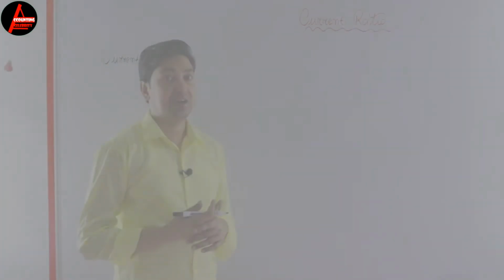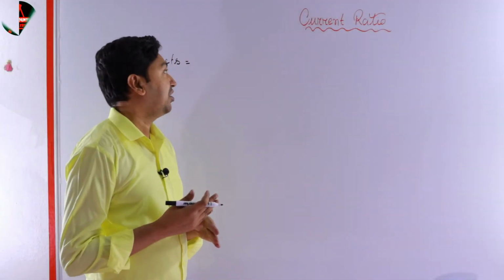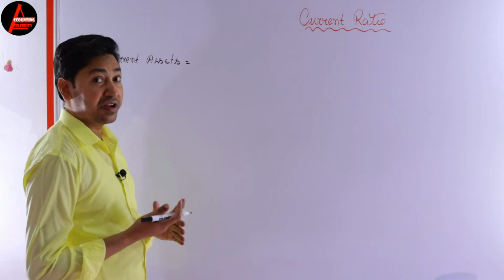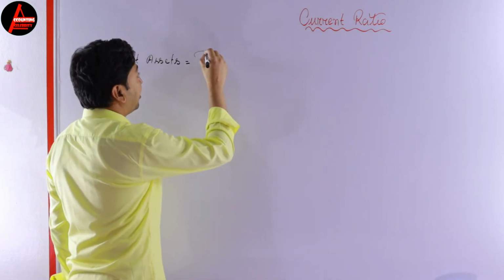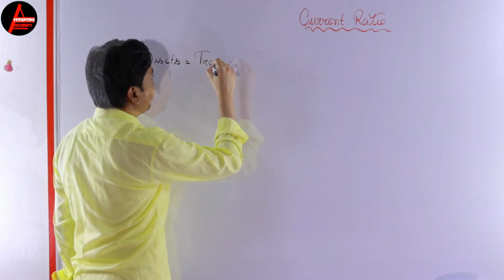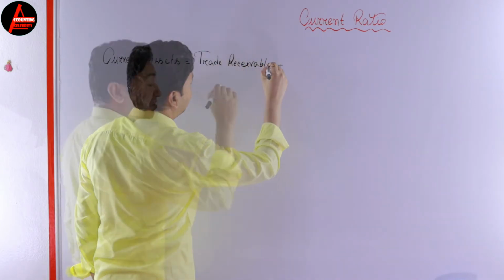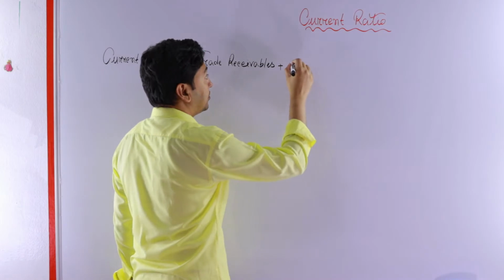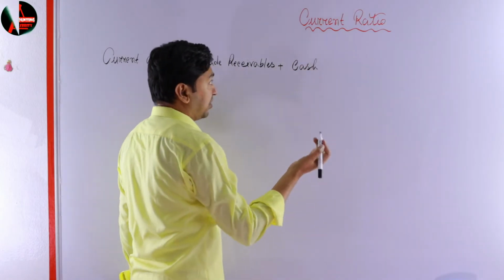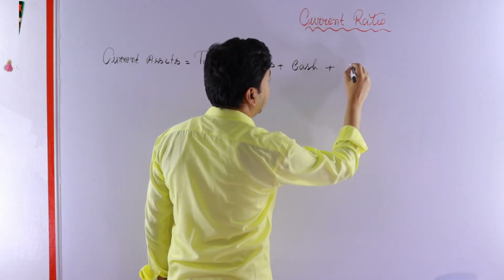So these three current assets are given in the question. Let us write them one by one: trade receivables plus cash and cash equivalent, whatever you say, plus inventory.